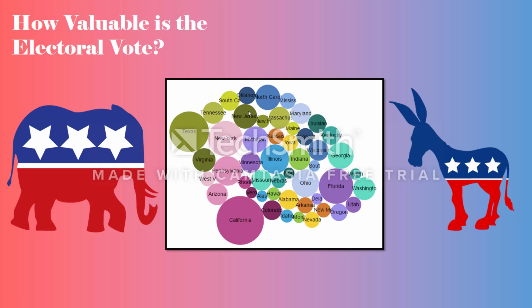I did run the numbers, since you do technically need 270 electoral votes to win the election, and calculated how many states that would require if you took the states that had the biggest populations.